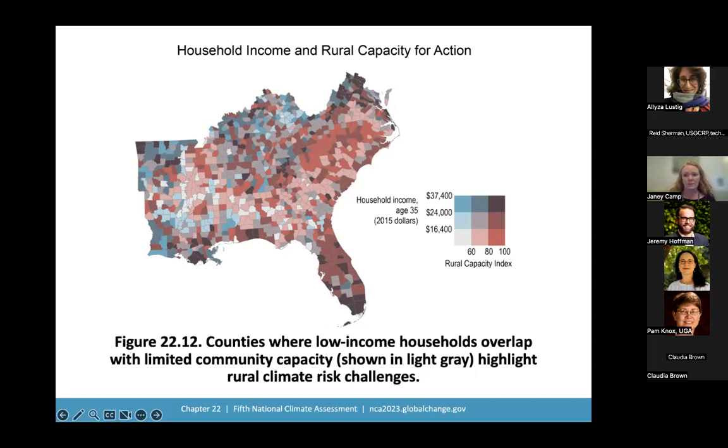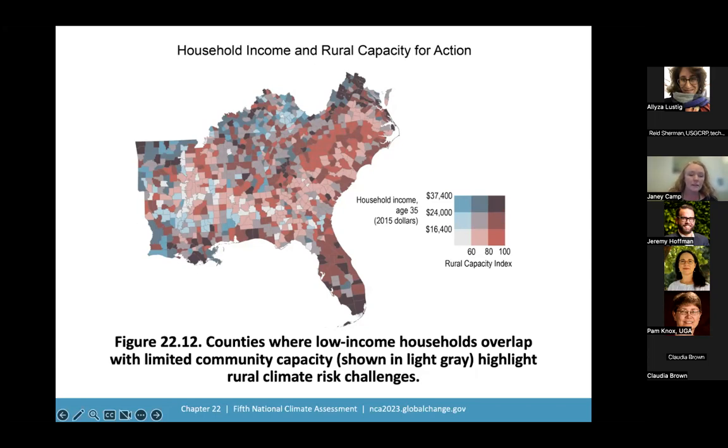Children born to parents who make the lowest incomes tend to grow up and make lower incomes, and there's research to validate this. So in this graph here, the map shows a consideration of the rural capacity to withstand and respond to extreme weather events and be prepared, in coordination with household income at age 35 using 2015 dollars.